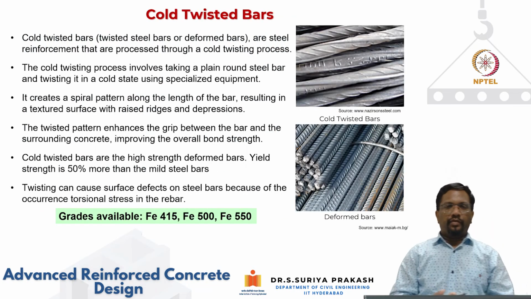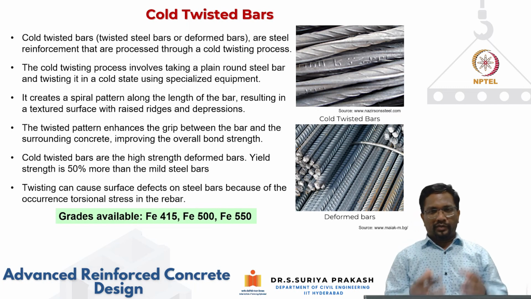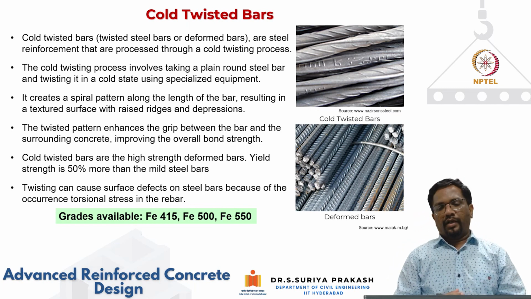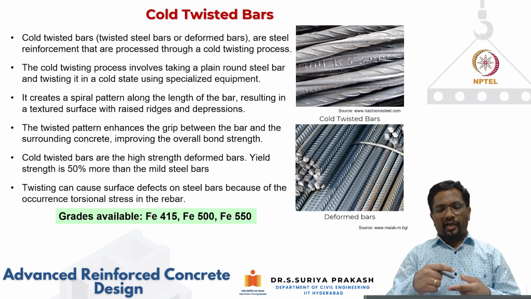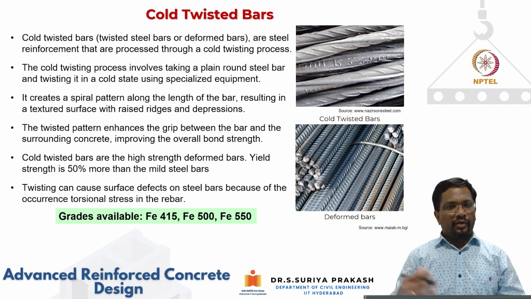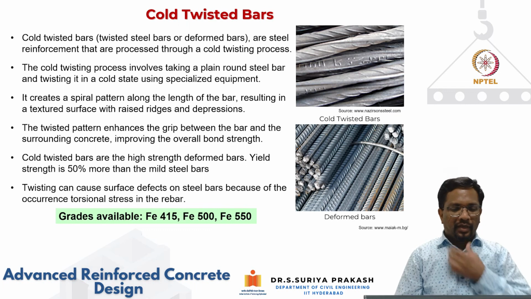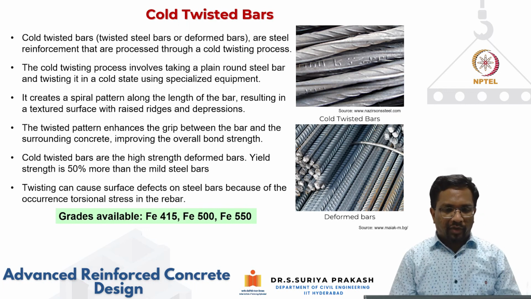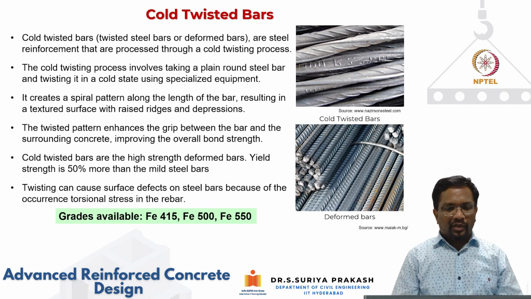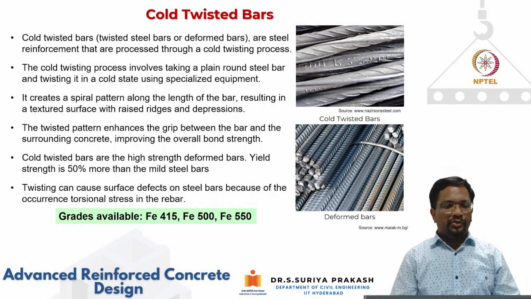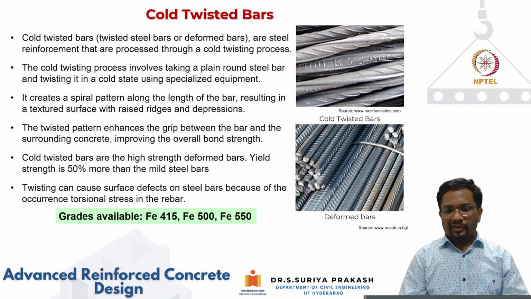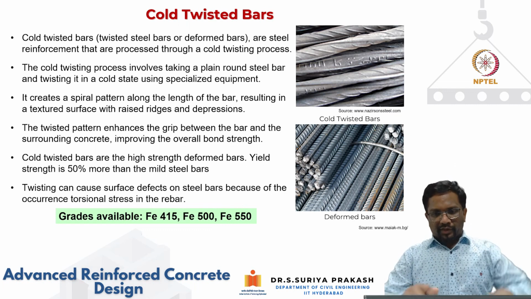Now we have plain bars, which were used in the olden days. However, plain bars do not have ribs, and they also have a low strength of 250 megapascal as the yield strength. This is one type of bar which was used in the past. Nowadays, they are not commonly used. These are cold twisted bars. As you can see, the bars are twisted.